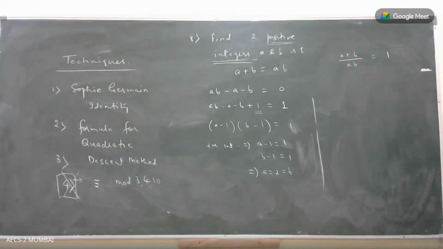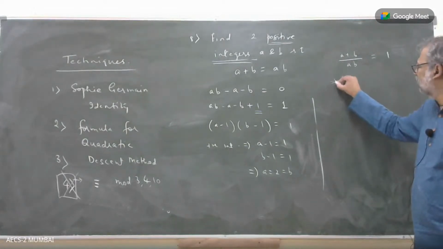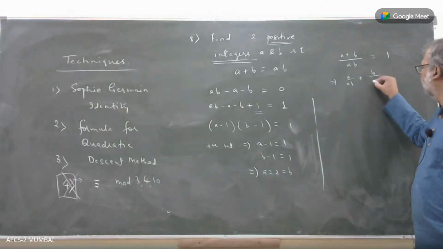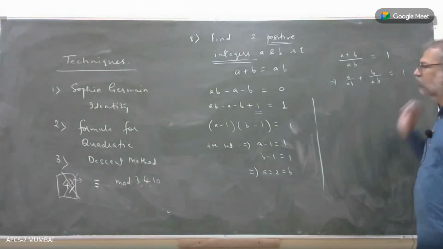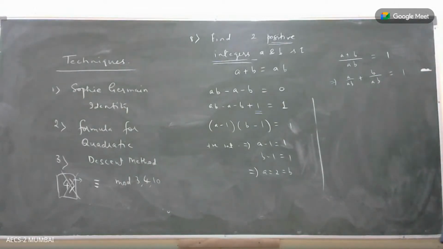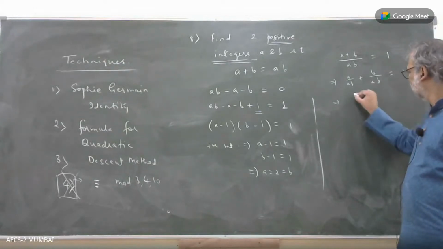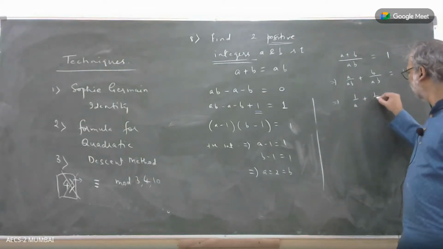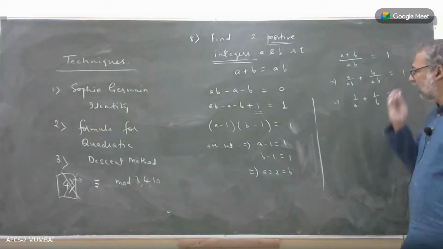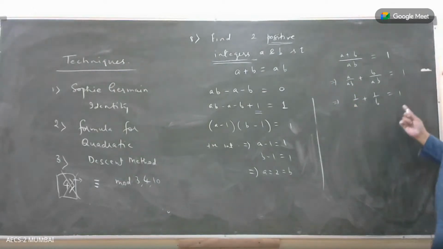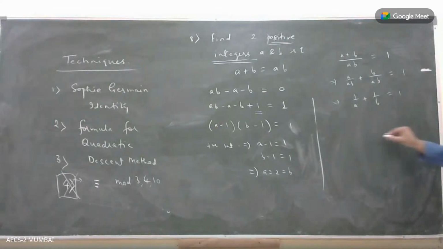Right? So A upon AB plus B upon AB is equal to 1, which means 1 by B plus 1 by A, and rearranging, 1 by A plus 1 by B is equal to 1.